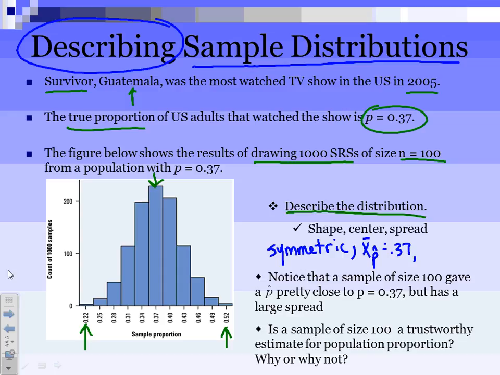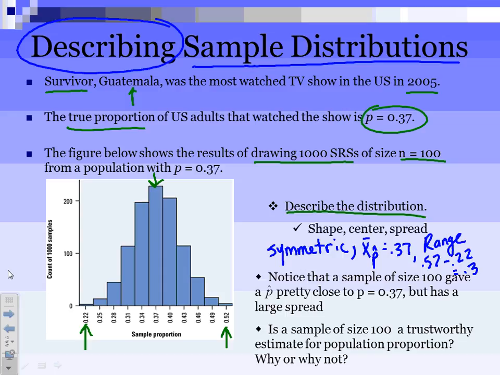As far as the spread, we're not going to get into the standard deviation just yet, but we're going to say that the range is 0.52 minus 0.22, which is a whopping 0.3 or 30%. Now that is clearly a big range and something that we need to address in just a little bit. But let's just again hold that thought for right now.